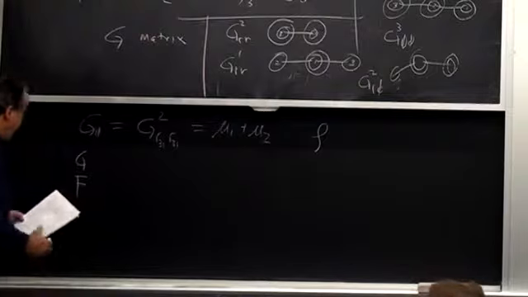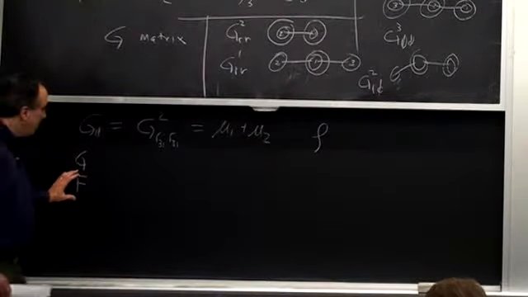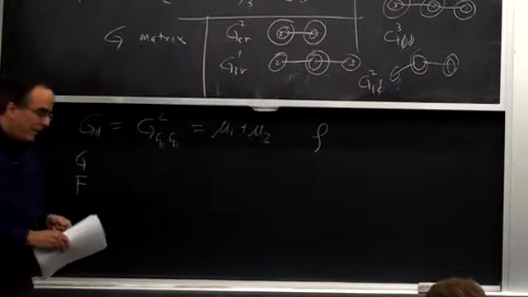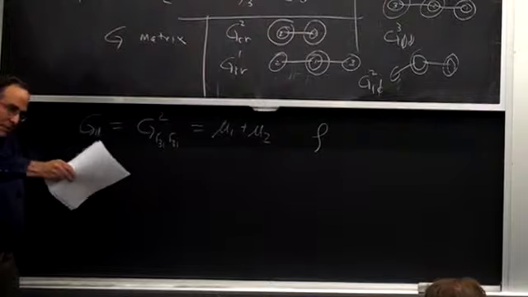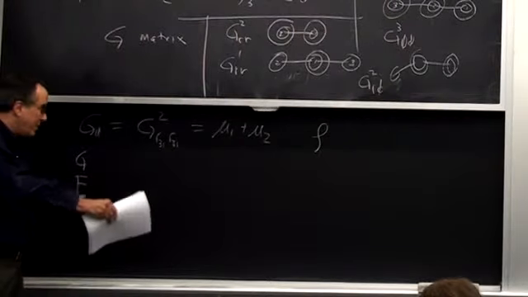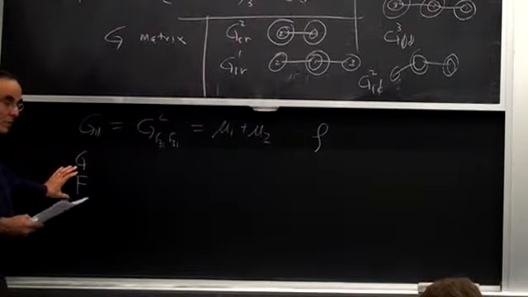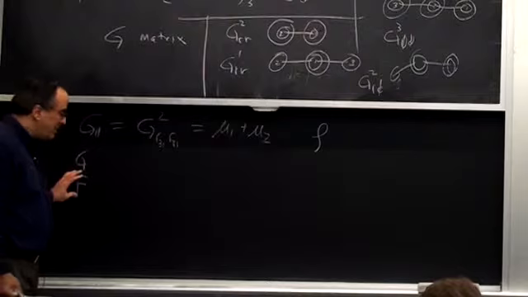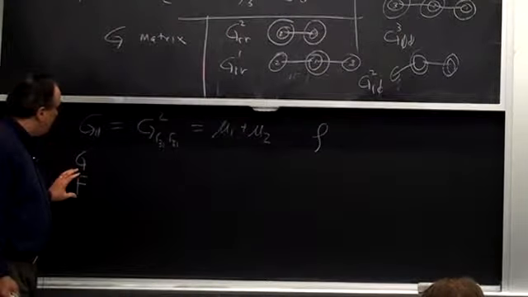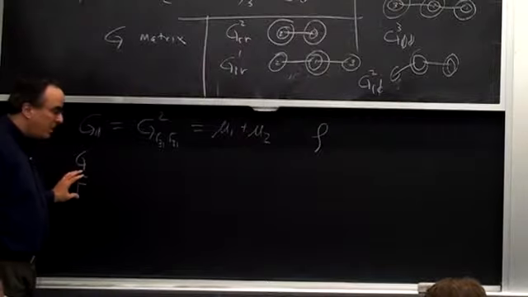Now, the F matrix is the matrix of force constants. What force does it take to change the various internal coordinates? And one could get these elements of the force constant matrix by fitting a lot of spectra or by doing an ab initio calculation.